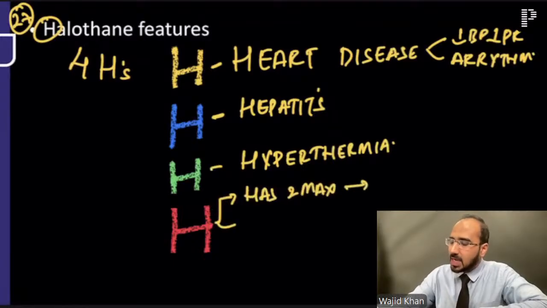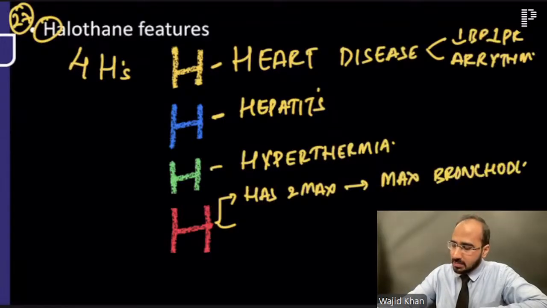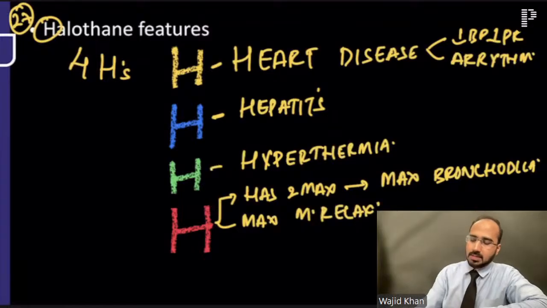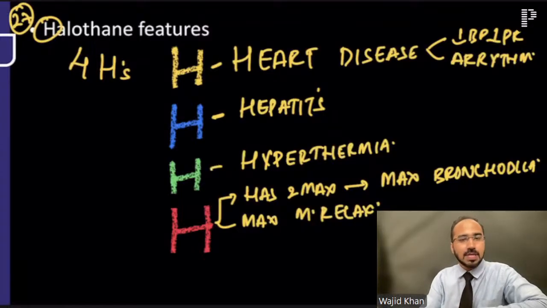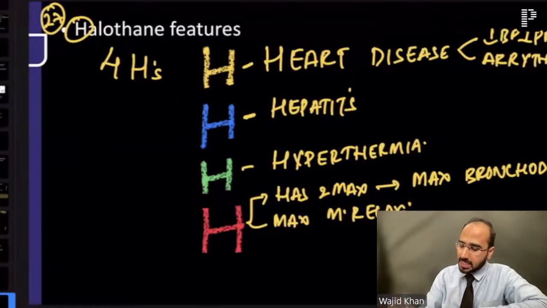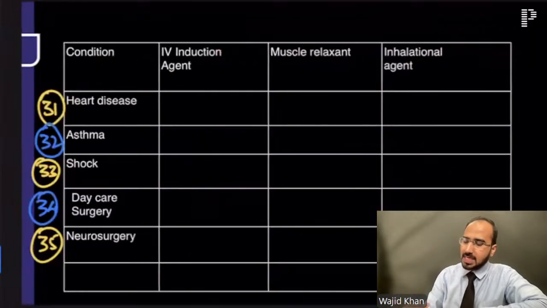Halothane is the inhalational agent causing maximum bronchodilation and maximum muscle relaxation. Okay. The 4 H's of halothane will cover all MCQs related to halothane, guys: heart disease, hepatitis, hyperthermia, and 2 maximums, that is maximum bronchodilation and maximum muscle relaxation.